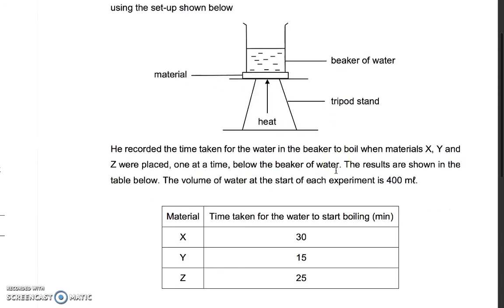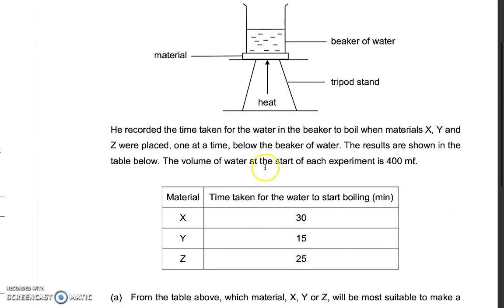At the start of each experiment, there's 400 milliliters of water. Here you have experiment X, which took 30 minutes for it to boil, Y, which took 15 minutes, and Z, which took 25 minutes.